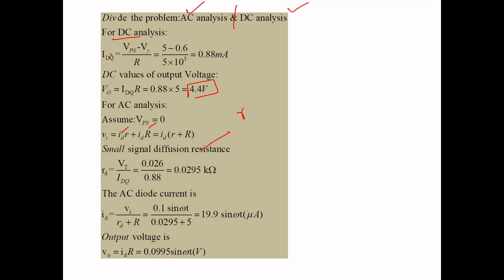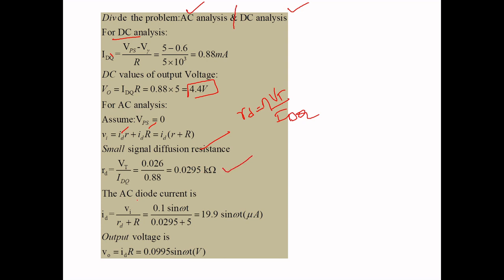The formula for it is eta Vt divided by IDQ. Already Vt was given as 0.026 volt and the quiescent current was 0.88, so the small signal diffusion resistance was found to be 0.0295 kilo ohm.